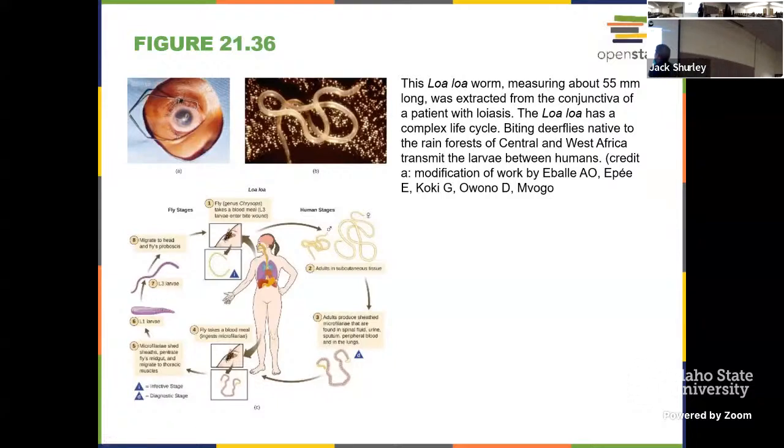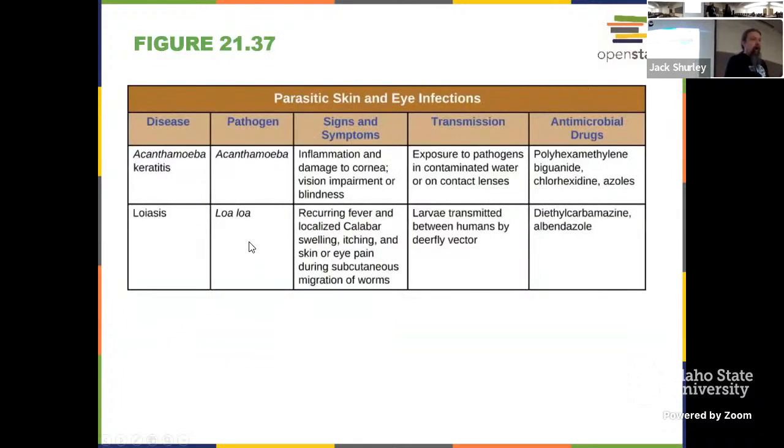As these flies bite us, they inoculate the parasite into us, and then it migrates through the body up into the eye and has the potential to cause blindness. So this basically wraps up this chapter. Like I said, we were so close. So acanthamoeba and loiasis are two of the ones we think about as potential parasites for the eye.